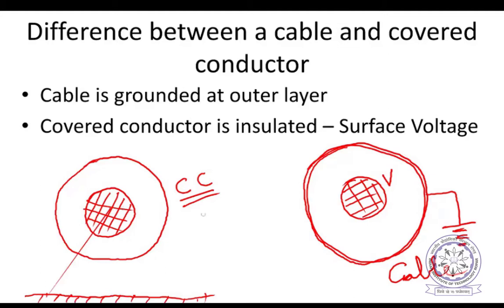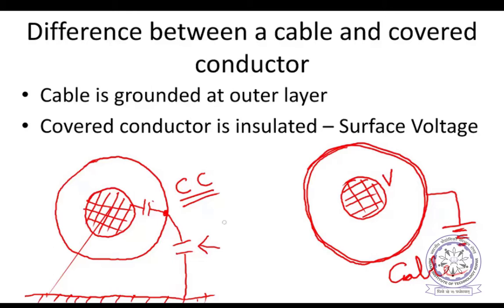There will be a capacitance between this conductor and outside, and then capacitance to ground. So the voltage gets redistributed among these two. The capacitance of surface to ground is very small because a large distance will be there. Roughly, capacitance is inversely proportional to D or height.